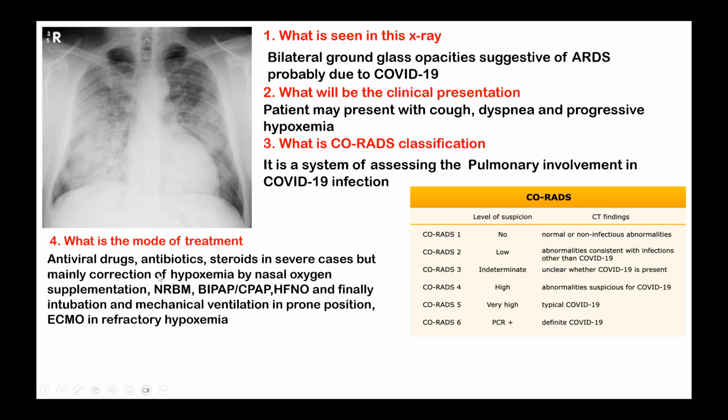So antiviral drugs, antibiotics, steroids in severe cases, mainly correction of hypoxemia and oxygen supplementation by nasal oxygen, non-rebreathing mask, BiPAP, CPAP, and finally intubation and mechanical ventilation. And then in very refractory hypoxemia, sometimes we may require ECMO also.